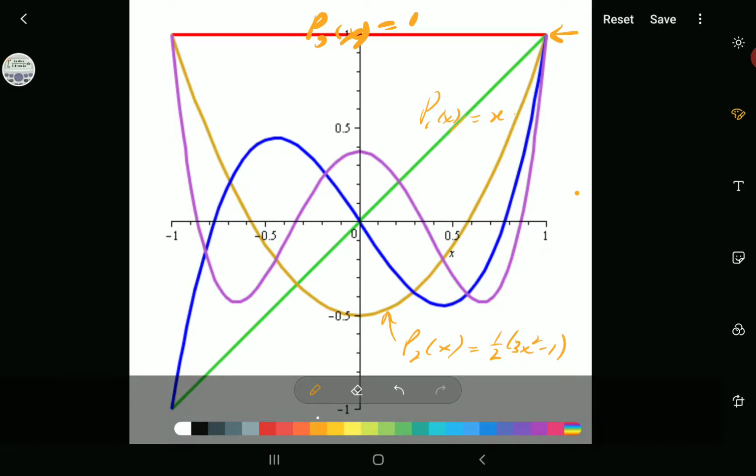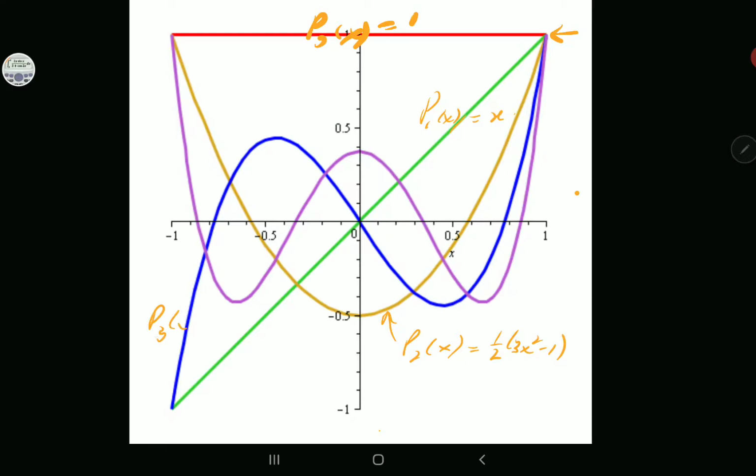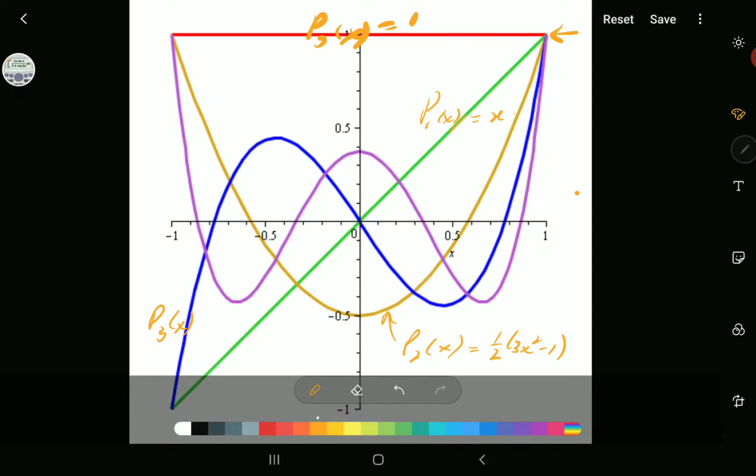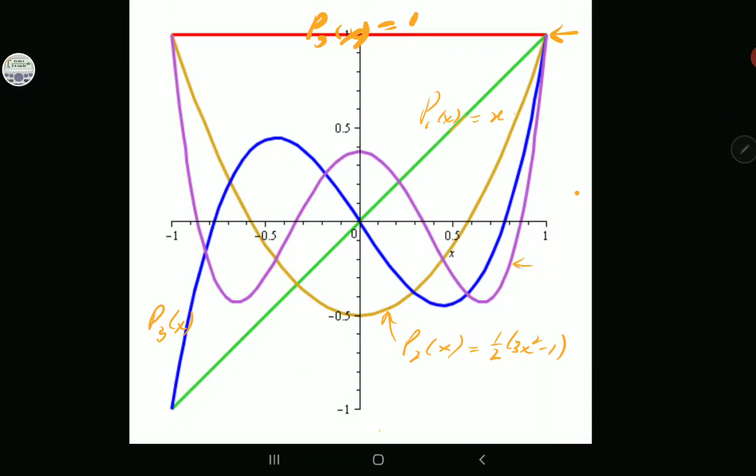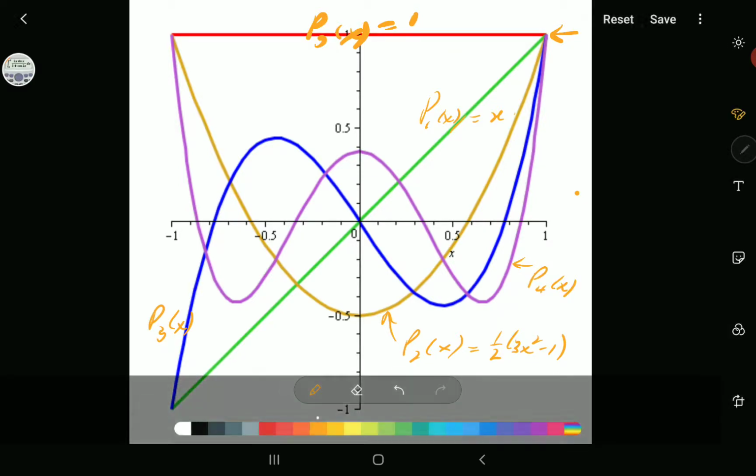Then the blue one is going to be the Legendre polynomial of degree 3. It is going to be a cubic. And then the purple one here is going to be the Legendre polynomial of degree 4. Again, it's going to be a fourth degree polynomial.